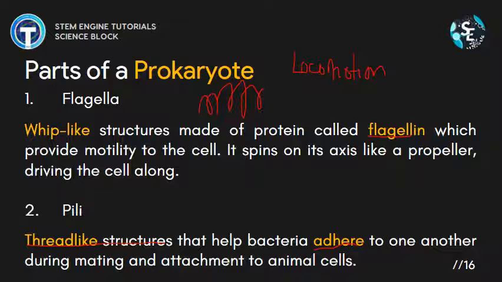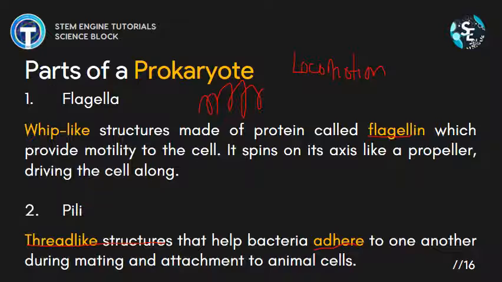First, let us talk about the flagella and pili, which are all about locomotion. These are the locomotive parts of a prokaryote. So, ano ba ang flagella? Flagella is a whip-like structure. Para siyang lubid or para siyang tali made of protein called flagellin, which provides motility to the cell.